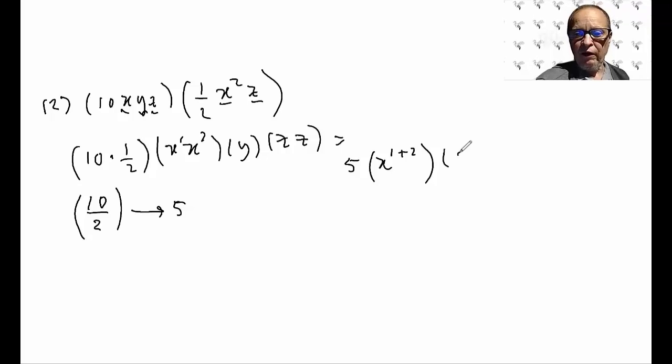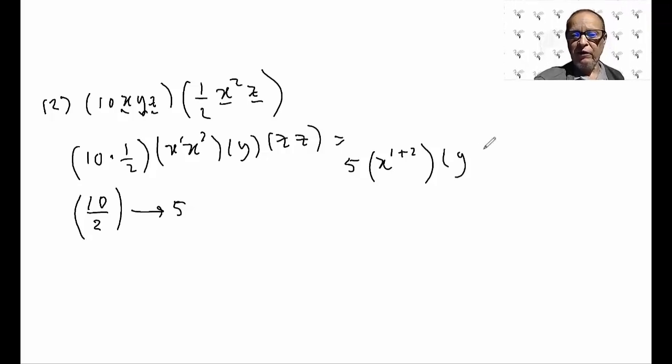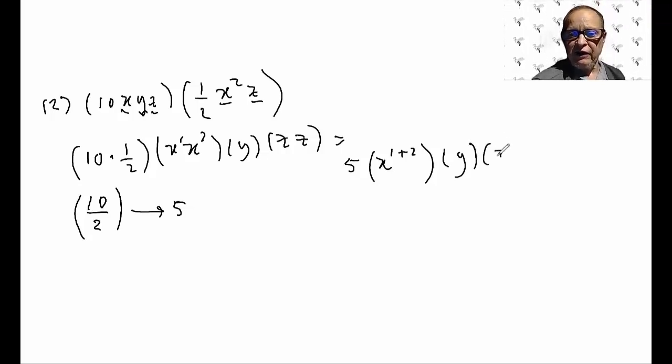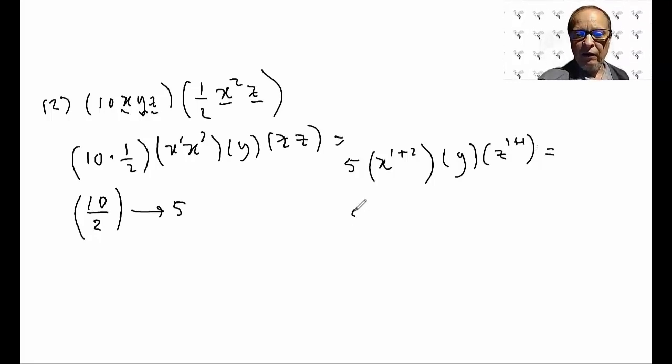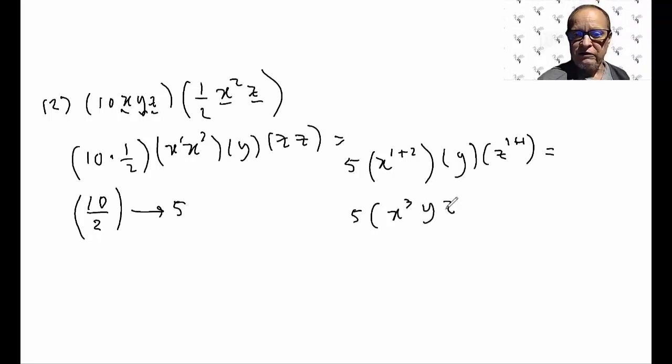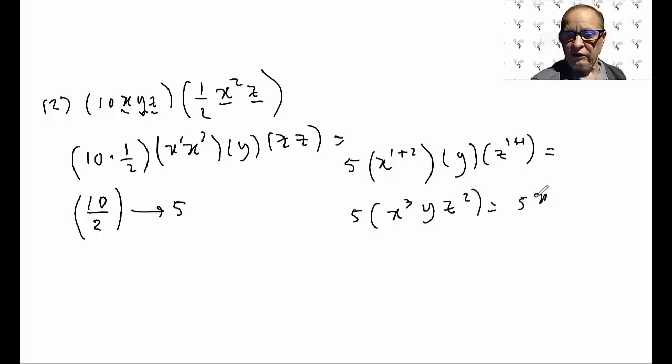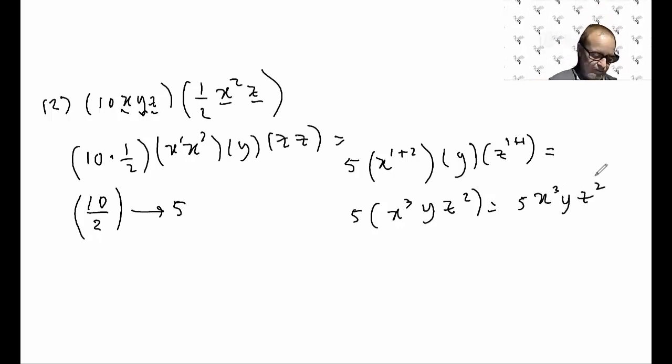And then y, don't have to worry about it. And then the 2 z's are each to 1 power, so it's 1 plus 1 using our product rule. And now I have 5x to the third, y, z to the 2, and I'll just write 5x cubed y z squared.